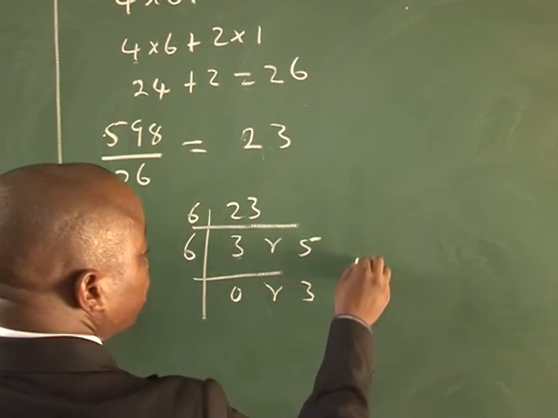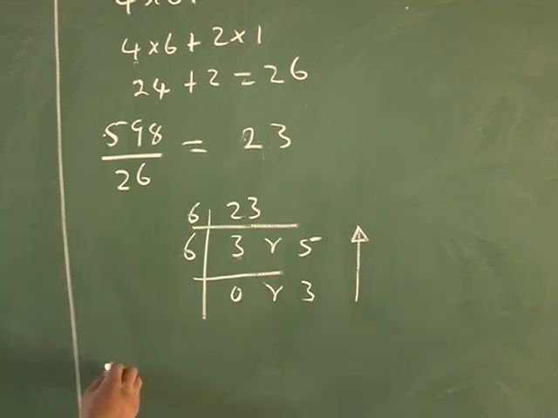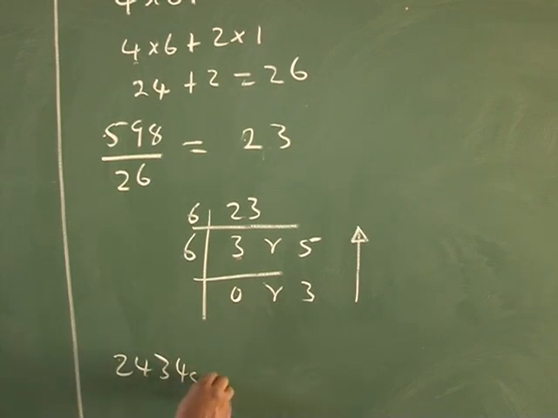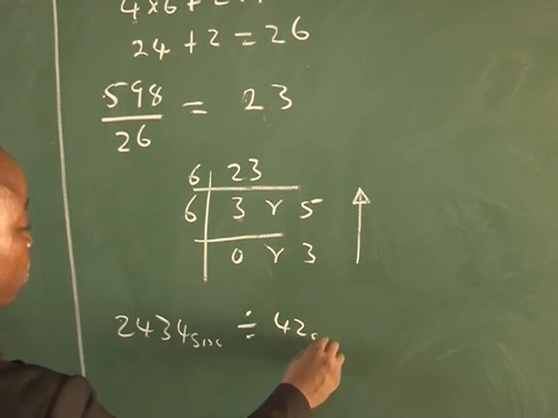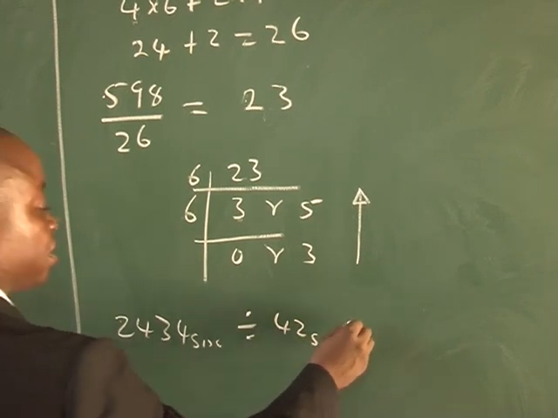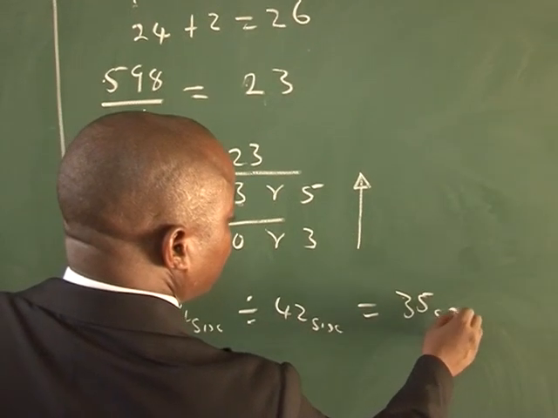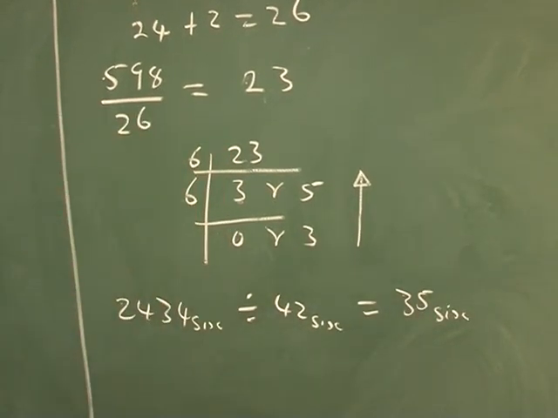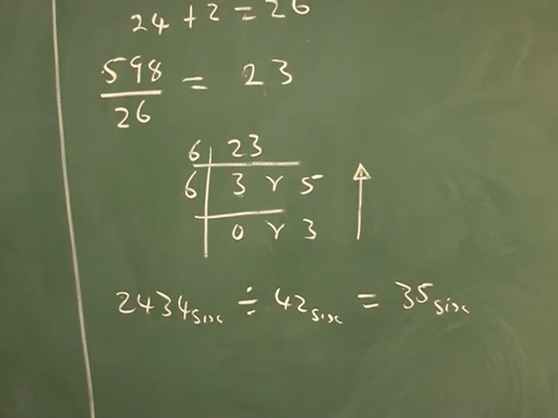So taking from down to up, we have that 2434 in base 6 divided by 42 in base 6 will be equal to 35 in base 6. So this is how the division is done.